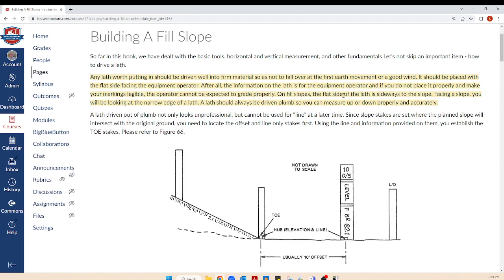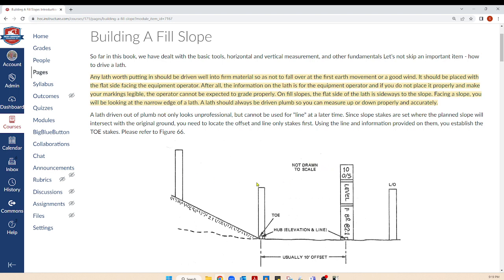On field slopes, the flat side of the lath is sideways to the slope because the dozer is going to be running away and toward us up across this slope. You don't build it pushing dirt up. Well, you're doing some of that, but you have your dirt all piled up and then you start cutting it down to the grade you want it. If you do not place it facing a slope, you will be looking at the narrow edge.